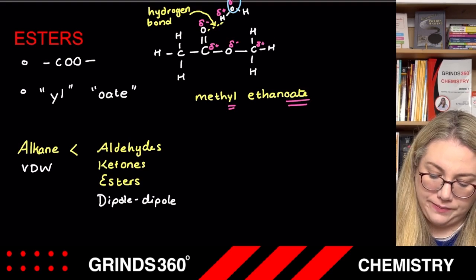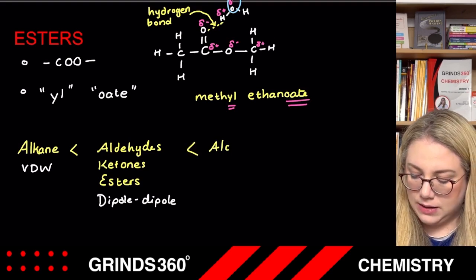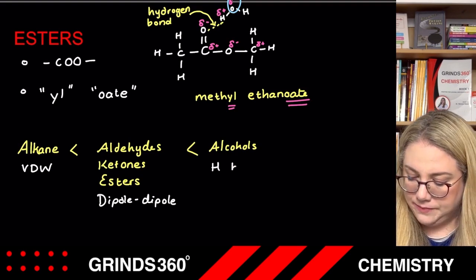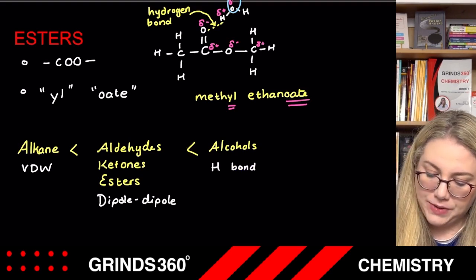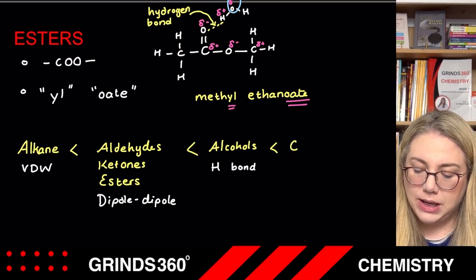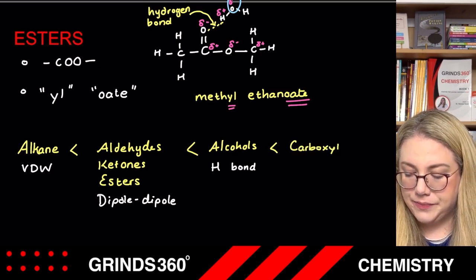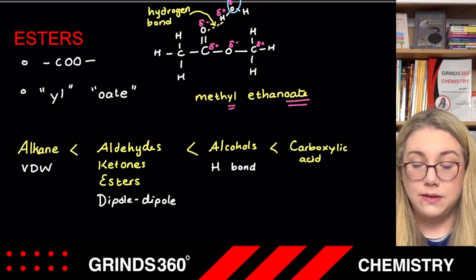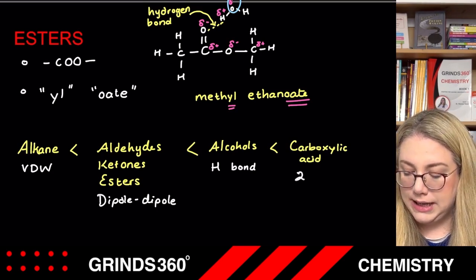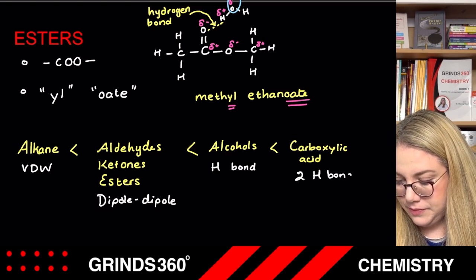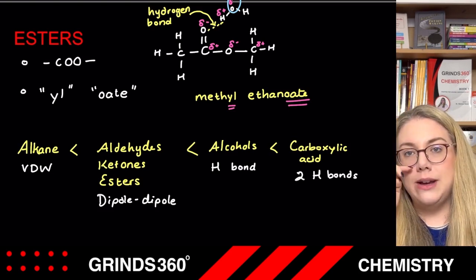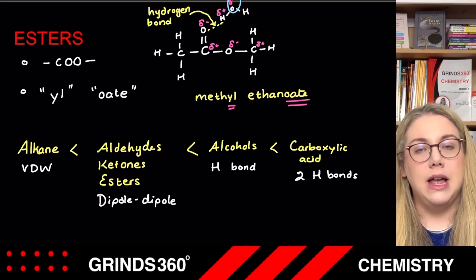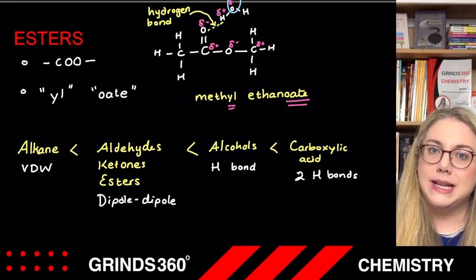Now my next one would be alcohols, because they can form hydrogen bonding intermolecular forces, and the ones that will always have the highest boiling points are the carboxylic acids, because they have two completely separate polar parts. They can form two hydrogen bonding intermolecular forces. Okay, and more energy is needed to overcome two hydrogen bonds than one. So the carboxylic acids will always have the highest boiling points, and alkanes will always have the lowest.